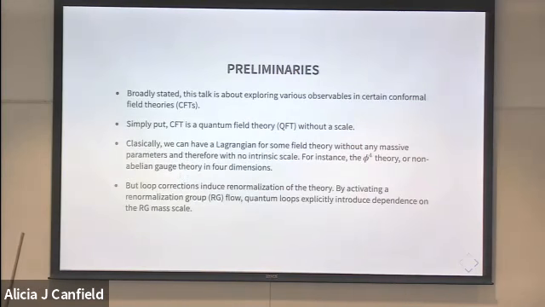However, once you move to quantum theory, you notice that your classical scale invariance has been broken, simply due to the fact that your theory gets renormalized. So now it's explicitly dependent on the renormalization group scale.